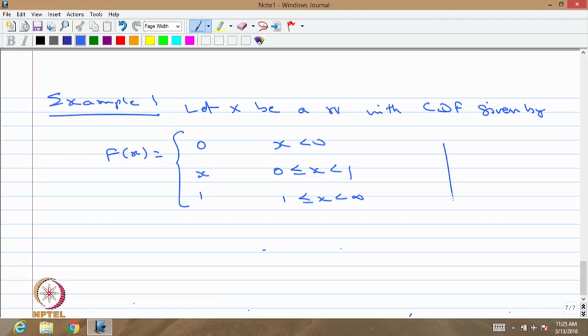You can draw the CDF, a rough diagram. CDF is 0 till 0, from 0 onwards it is x, and from the point 1 onwards it becomes 1.